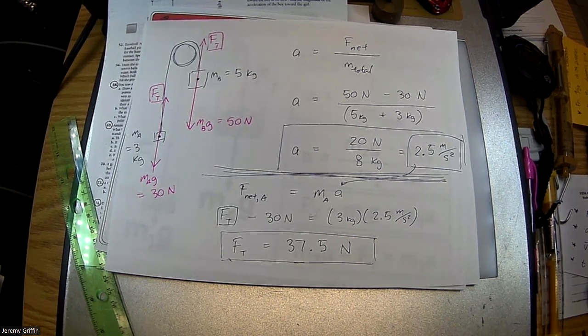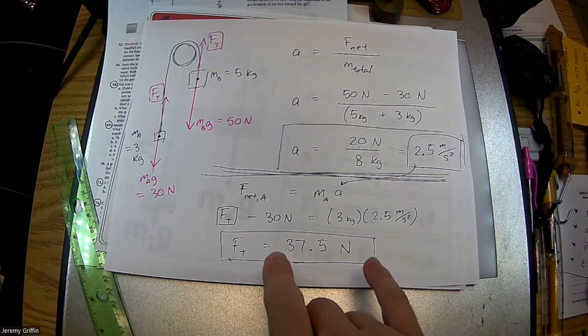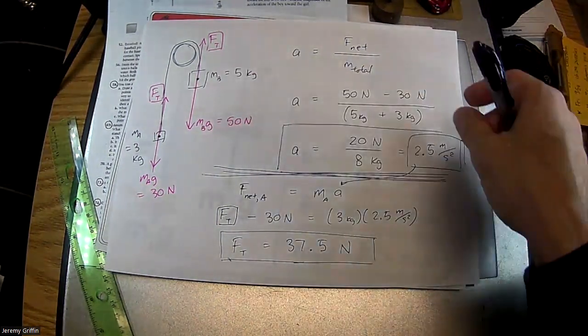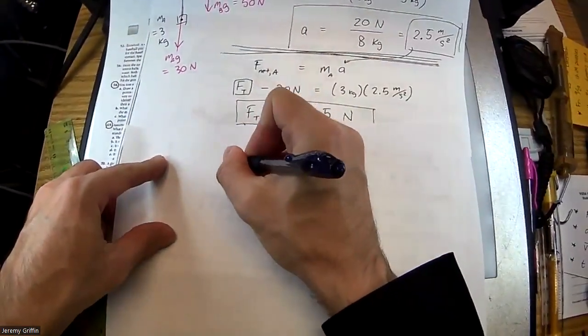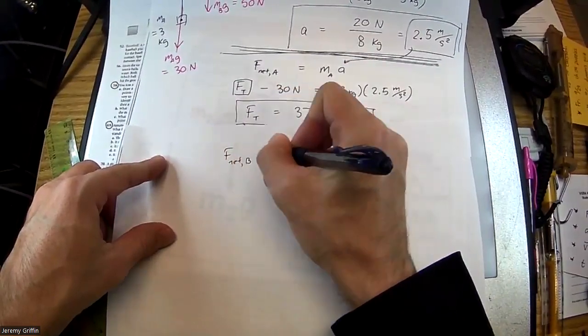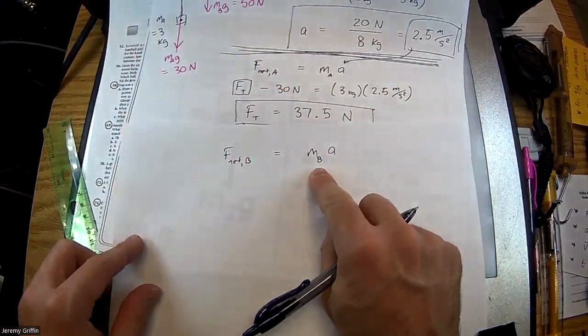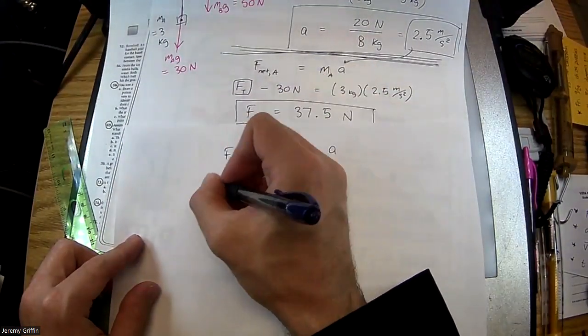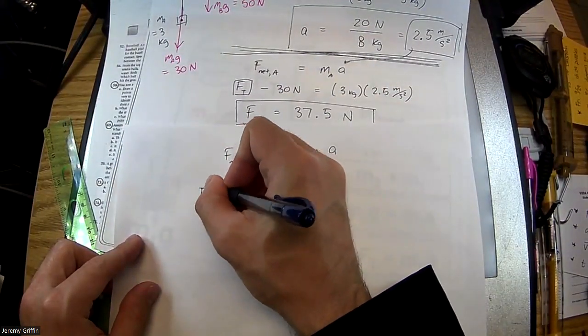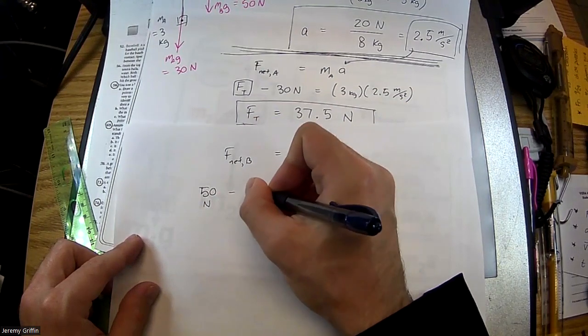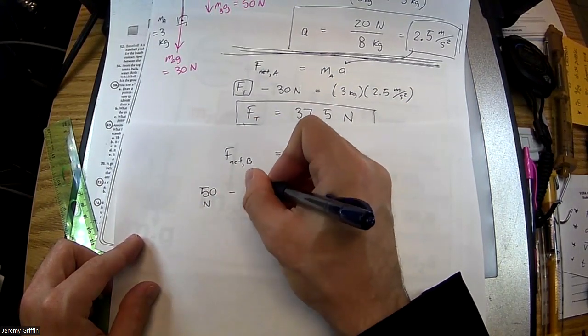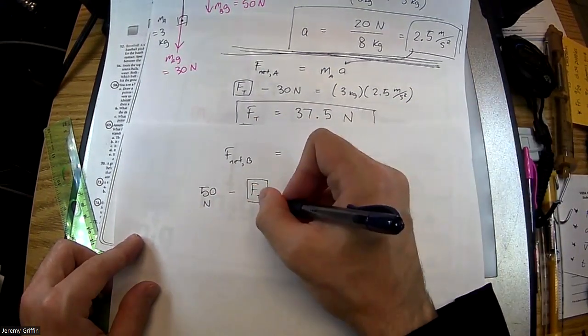Let me do that exact same thing, but from block B's perspective. And I bet I'm going to get the exact same tension from block B's perspective. Let's see if that actually works. So I can say the net force on block B is mass times acceleration for block B. The net force on block B, well, I got the weight of block B pulling down, that's 50 newtons down, minus the tension force pulling up, which we know what it's going to work out to, but let's say we didn't.